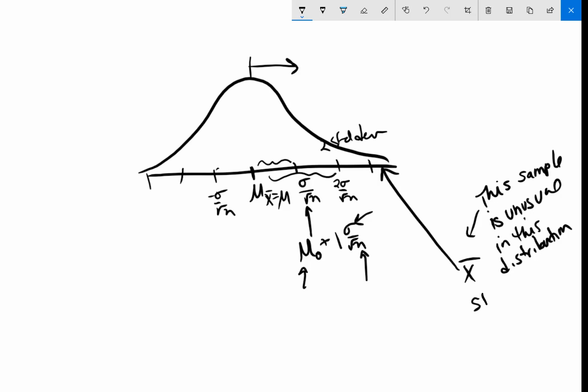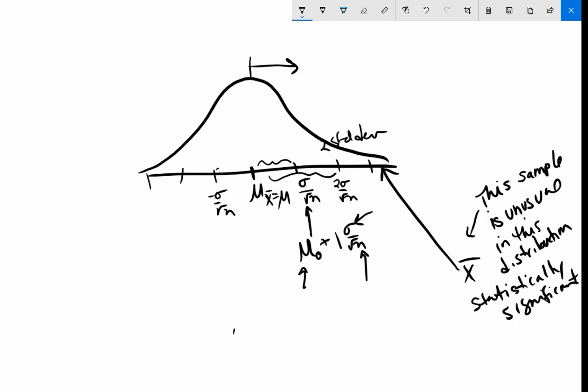We call that statistically significant. So that sample mean is statistically significant in this null hypothesis, believed to be true distribution. So that's kind of the idea behind hypothesis testing.